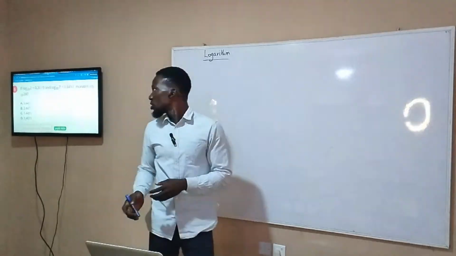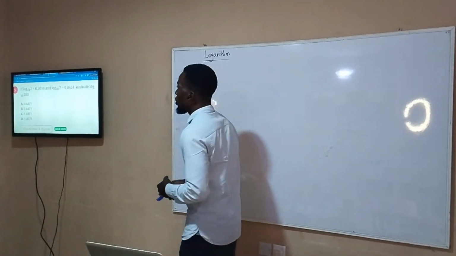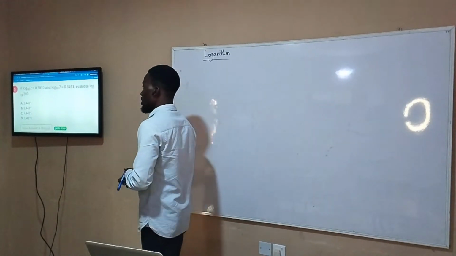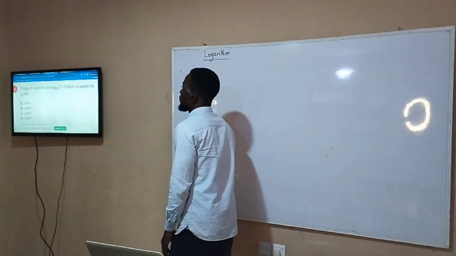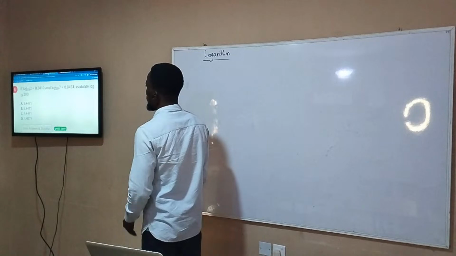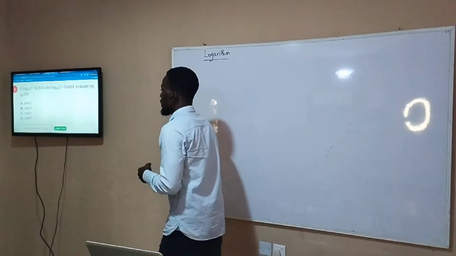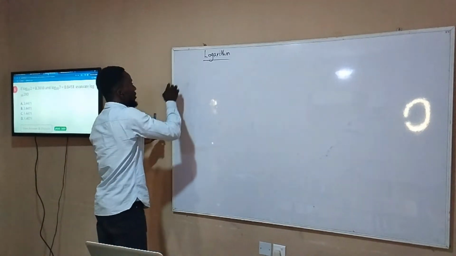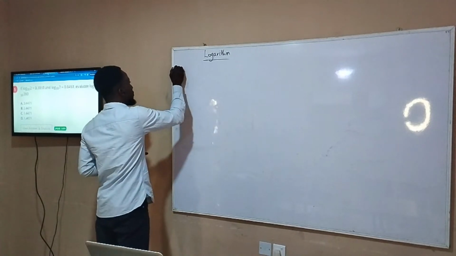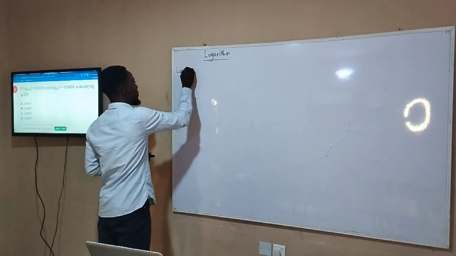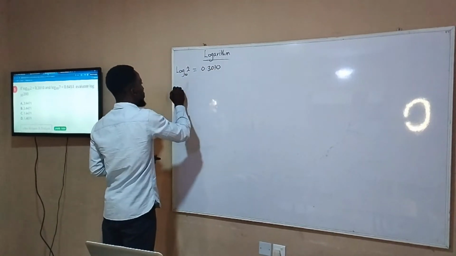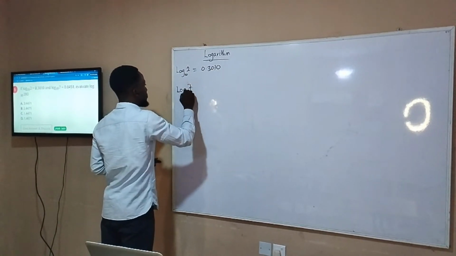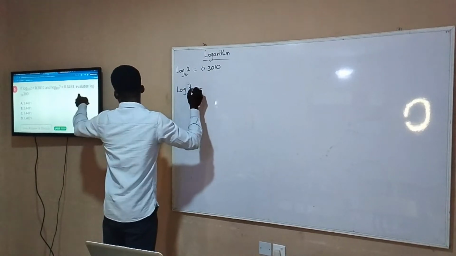So the question is, if log 2 base 10 equals 0.3010 and log 7 base 10 equals 0.8451, we have to evaluate log 280. It's giving us the value of log 2 base 10 as 0.3010 and log 7 base 10 as 0.8451.